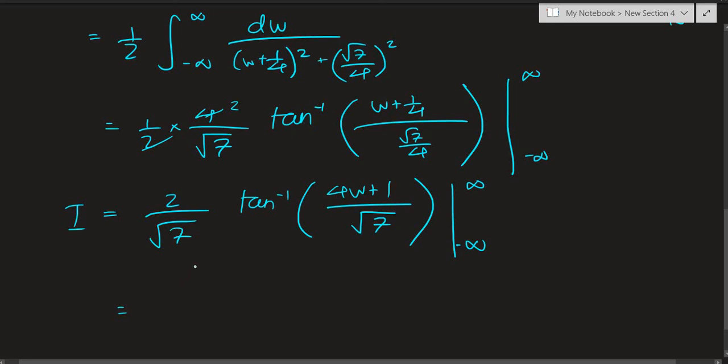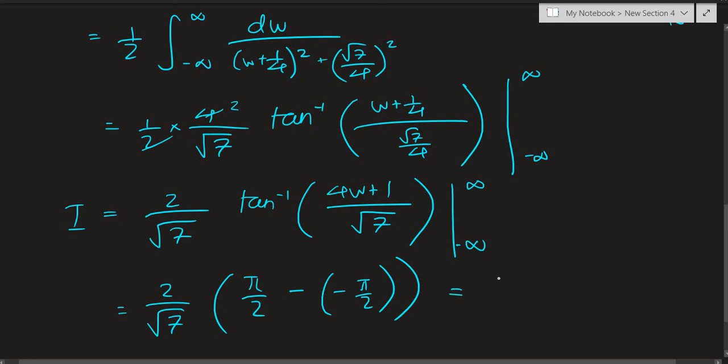So as w tends to infinity, 4w plus 1 by root 7 will also tend to infinity, because you can add whatever terms you want and divide by whatever terms you want, but infinity is going to remain unaffected because it's a really large number. So we have 2 over square root of 7 outside, and as w tends to infinity, we have inverse tangent of infinity, which is nothing but pi over 2, minus, as w tends to negative infinity, the inverse tangent of negative infinity is negative pi over 2.